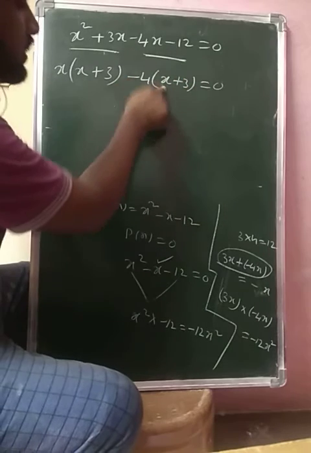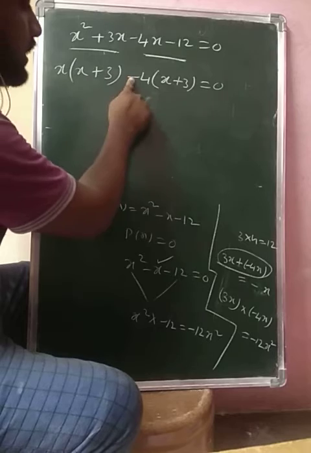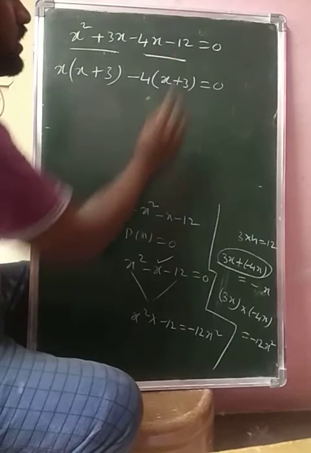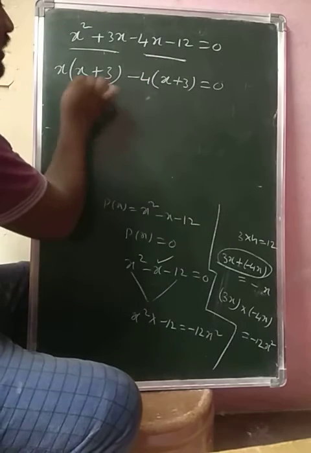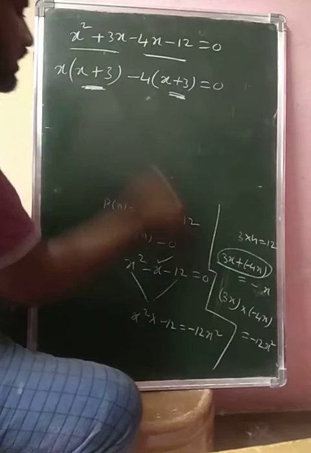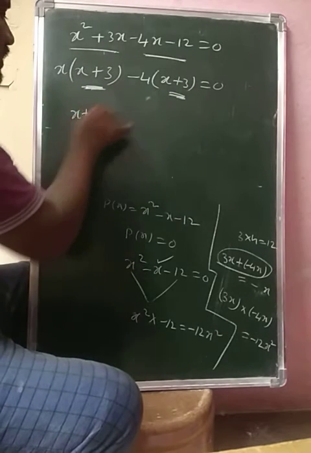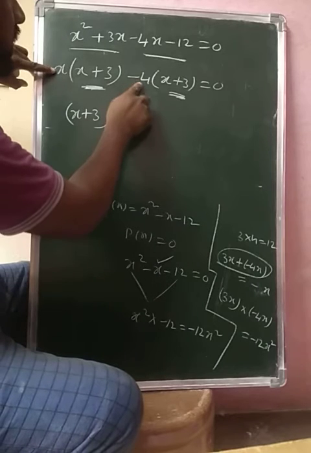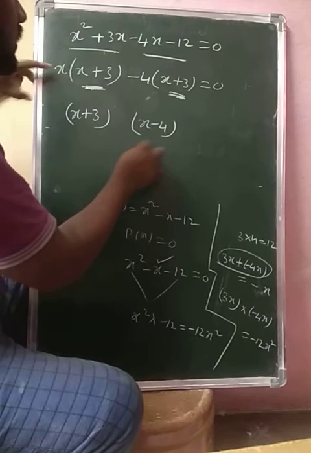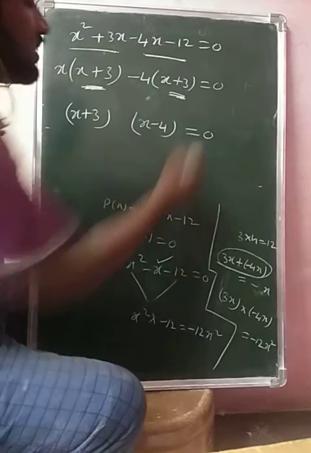Minus 4 into x is minus 4x, minus 4 threes are minus 12. So clearly in the bracket we get x plus 3. This is one of the factors of the polynomial, that is x plus 3, and here x is there, here minus 4 is there. This is x minus 4, this is the other factor, equal to 0.